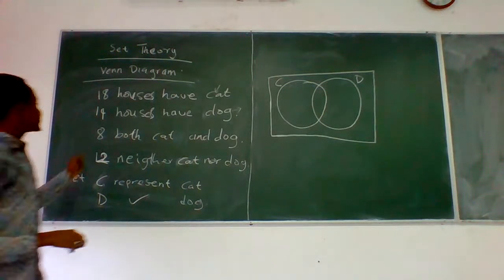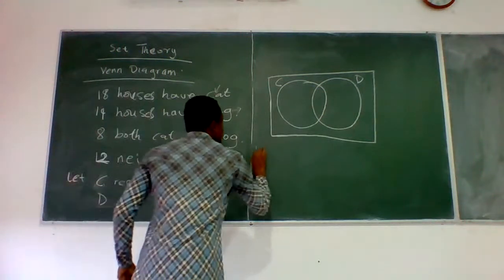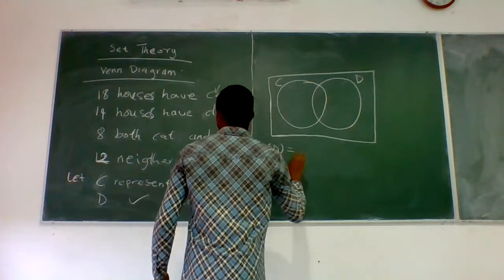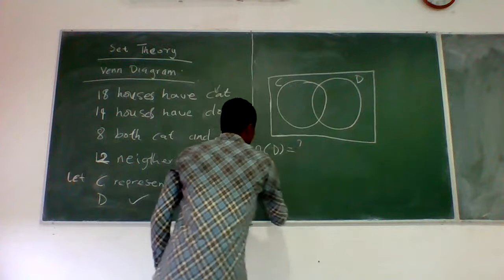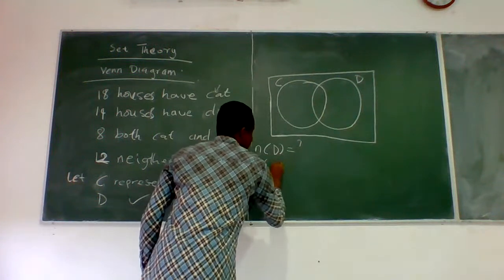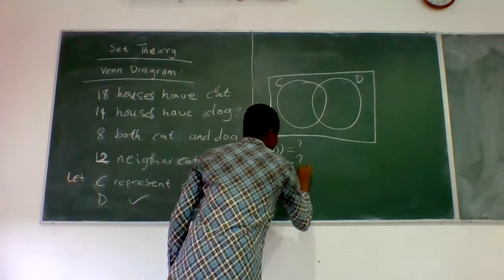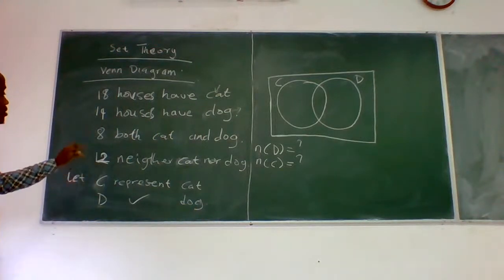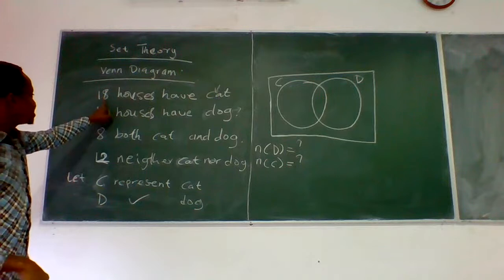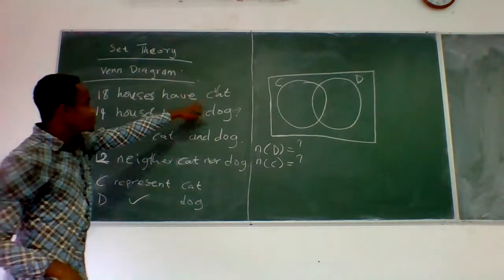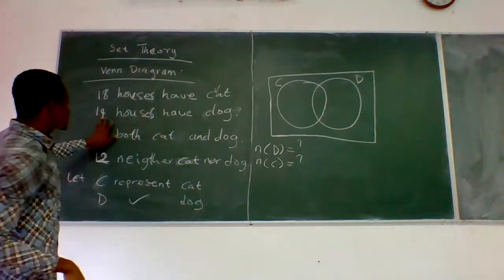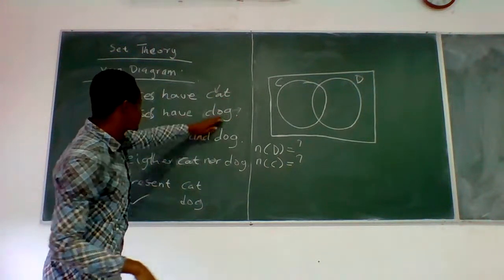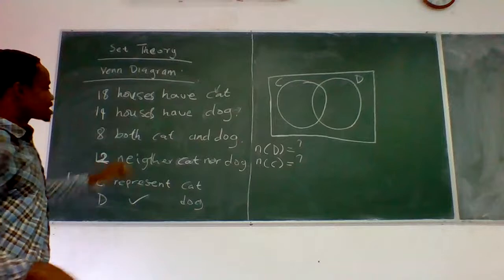So here we have the number of dogs. The number of D is equal to, we find later the number of C. But let's go through the problem here. We have 18 cats, 14 dogs, and then 8 are both.